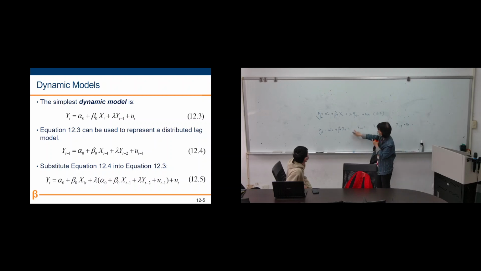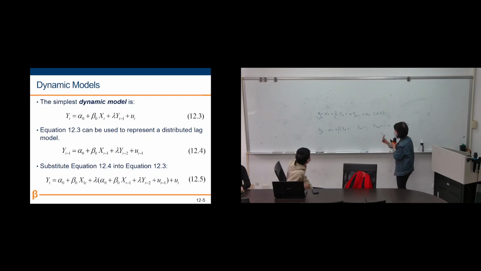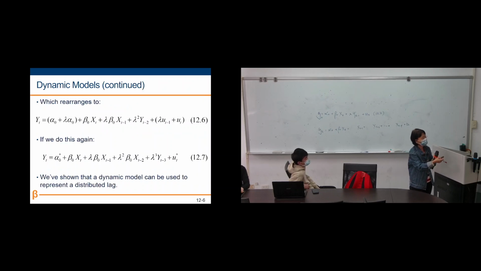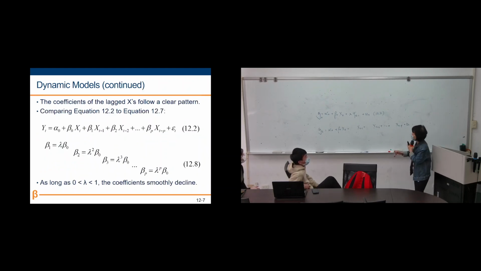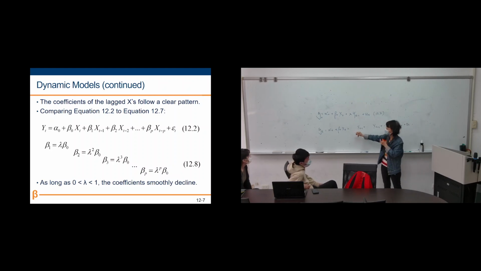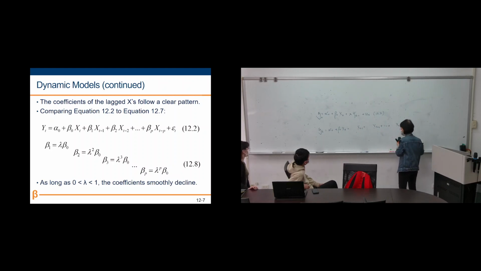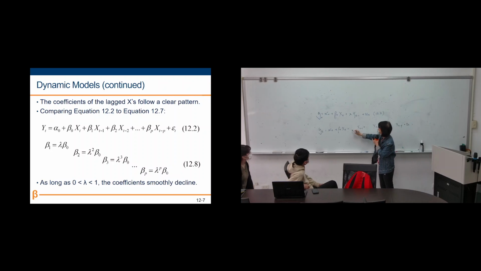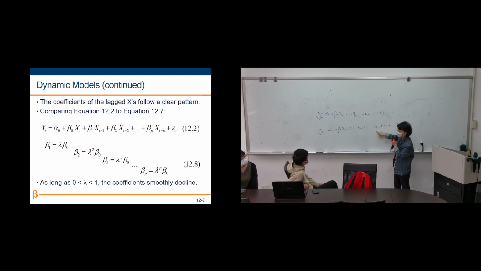And what are these coefficients? Isn't this beta 1? So this should be lambda beta 0. Do you see that? Then beta 2 is lambda square beta 0. Isn't that beautiful?